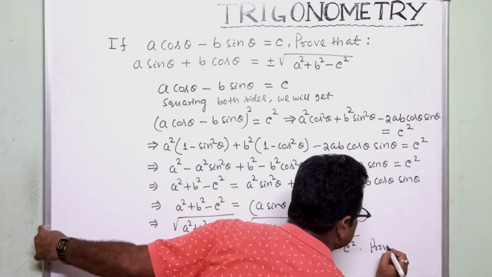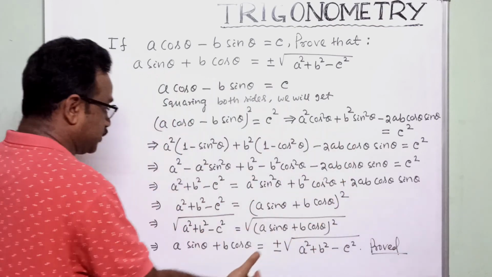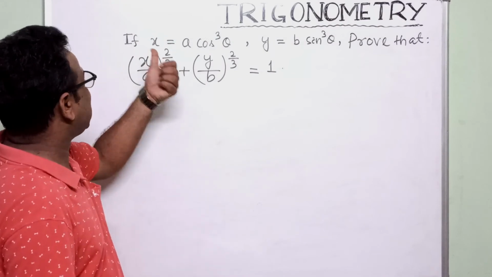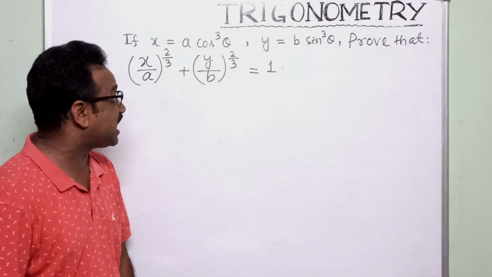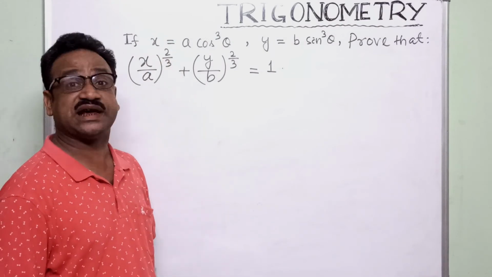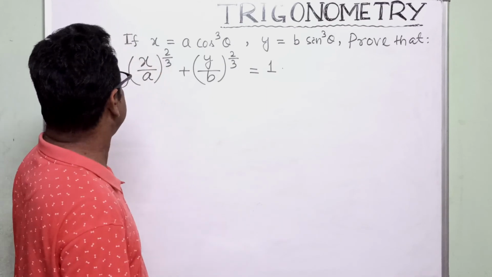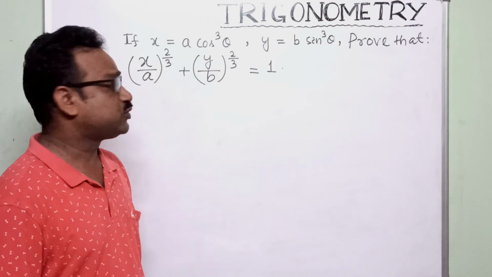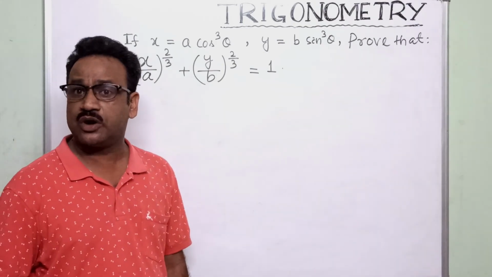So this is proved. So now move on to the next question. What is given? If x is equal to a cos cube theta and y is equal to b sin cube theta, prove that (x by a) to the power 2 by 3 plus (y by b) to the power 2 by 3 is equal to 1.